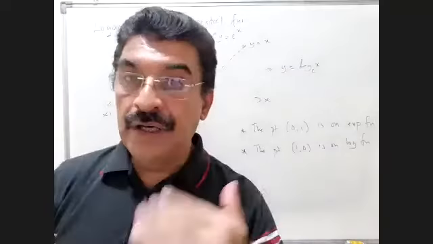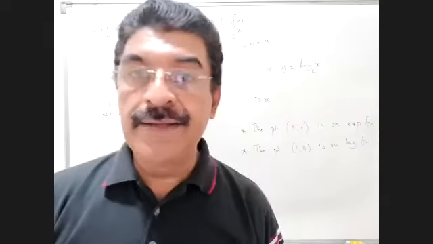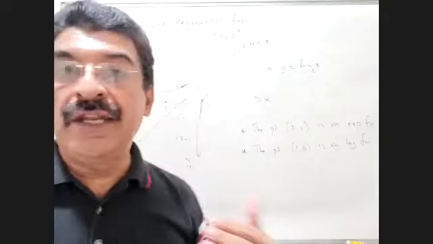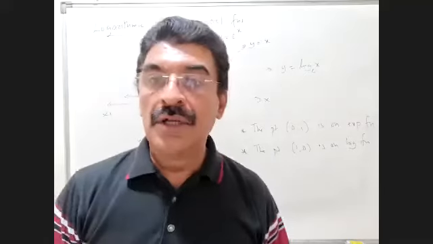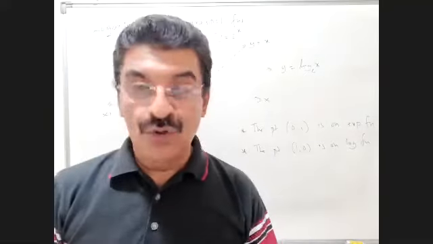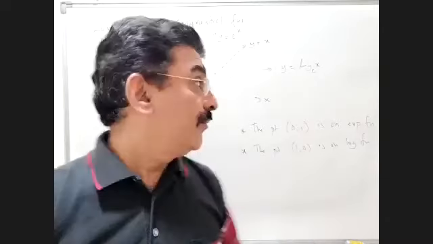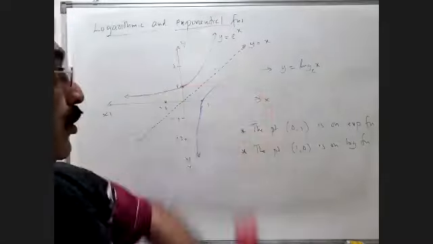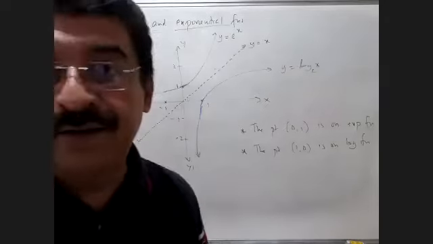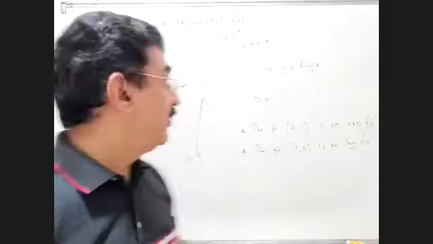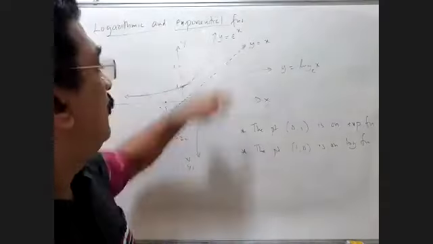Do you remember it from before the holidays? We said from the graph we can make out the domain and range by moving this horizontal line and vertical line. See this exponential function.